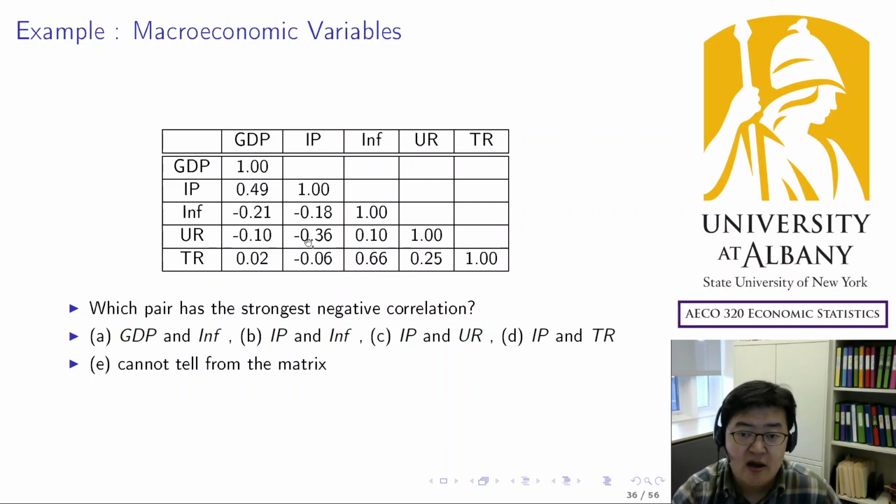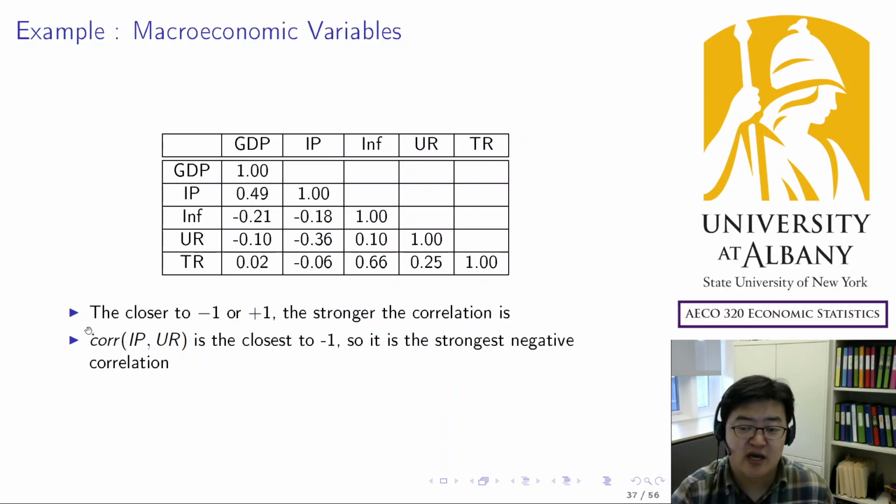So that is, among these 5 negative numbers, minus 0.36 is closest to -1, right? And this corresponds to unemployment rate and industrial production rate. So industrial production and unemployment, C is the answer. When industrial production increases, more employments, which is very natural. Okay.